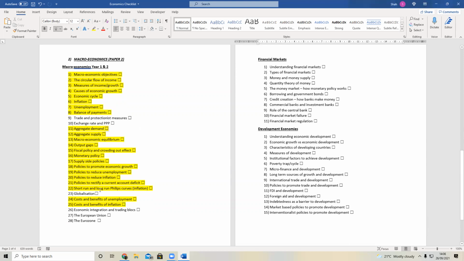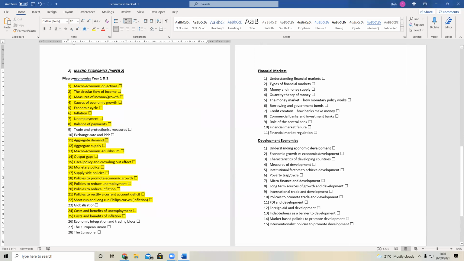These white parts here are the rest of the stuff that we need to cover. Then we've got 2 more topics this year that we need to cover, though we'll probably do them next year: financial markets and development economics.